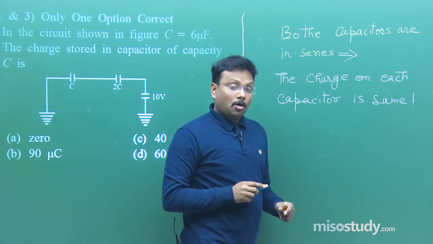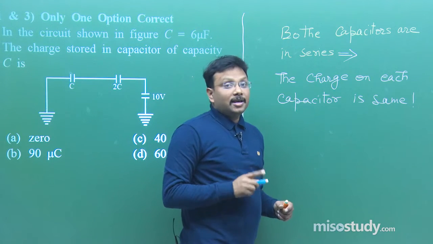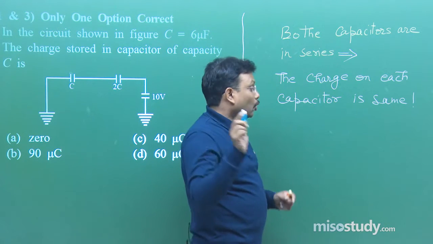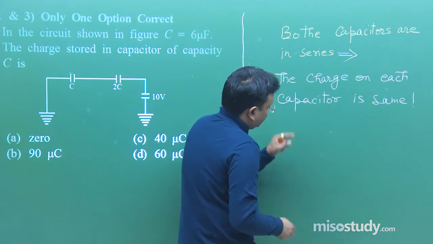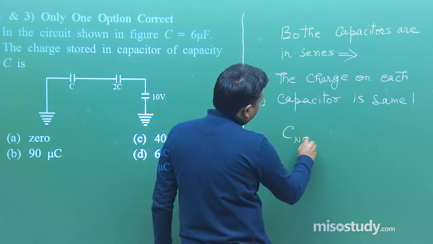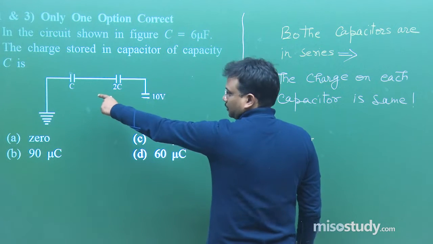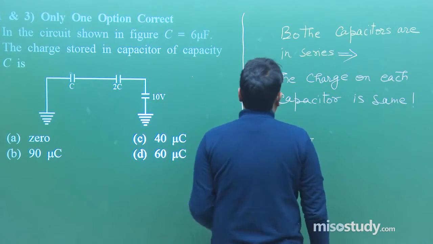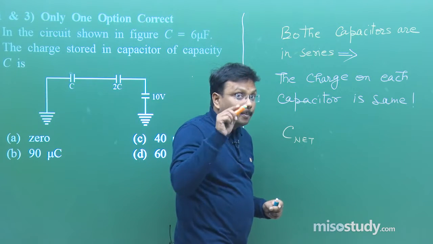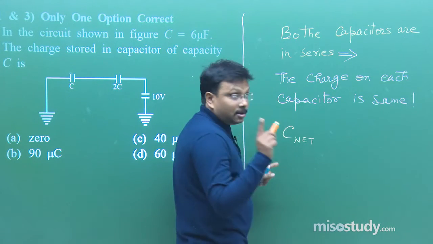It is similar to the combination of resistors, where in series current is same, in parallel potential is same, okay. So now when the charge is same, how can we find C net? That is, these are connected in series combination. So you know the series combination of capacitors is equivalent to the parallel combination of the resistors, sorry, resistors.